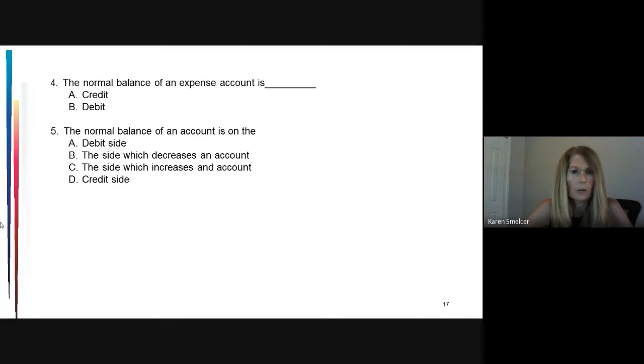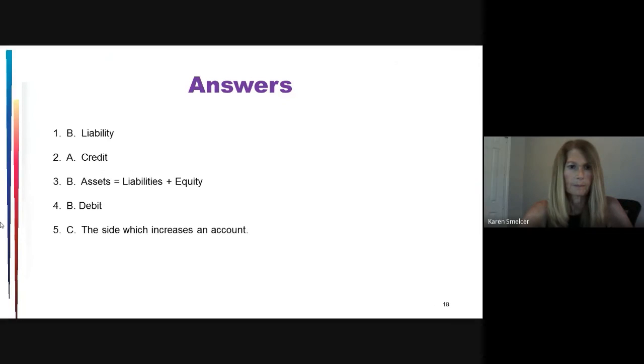And then finally, the normal balance of an account is on the debit side, the side which decreases an account, the side which increases, and pardon my typo there, an account, it should say, or the credit side. Okay, so let's see how we did.